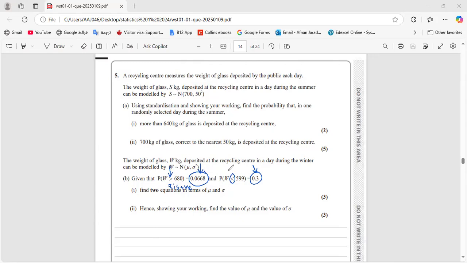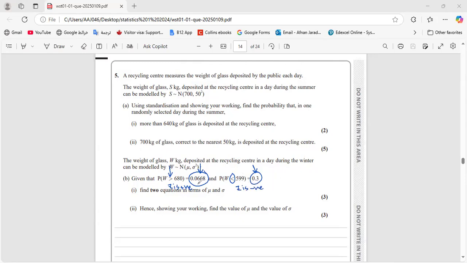If the sign is greater than and the area is less than half, then Z is positive. If it is greater than and the area is greater than half, Z is negative. If the sign is less than and the area is less than half, Z is negative. If the sign is greater than and the probability is less than half, this one is positive. If it is greater than and the probability is greater than half, Z is negative. So here Z is positive, and in this one Z is negative.